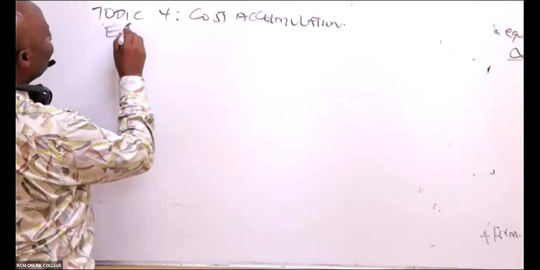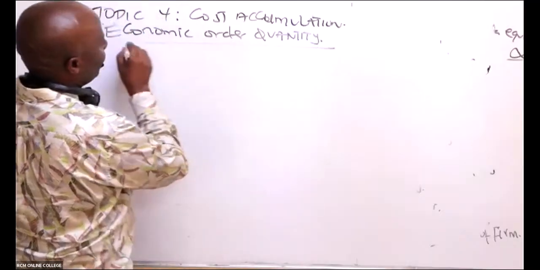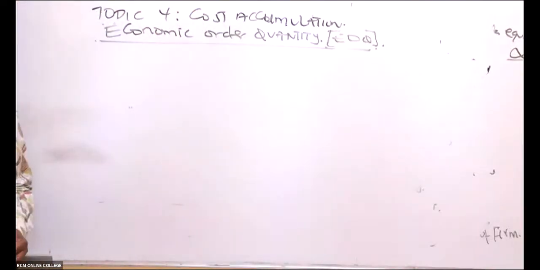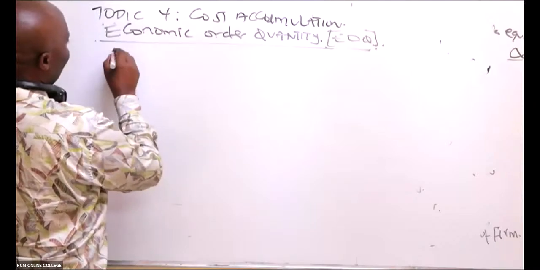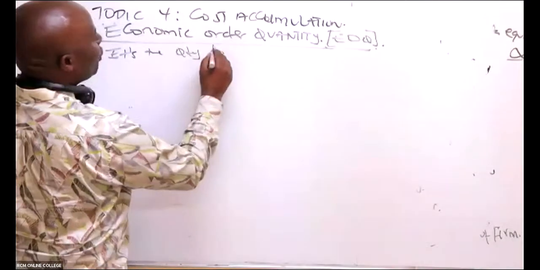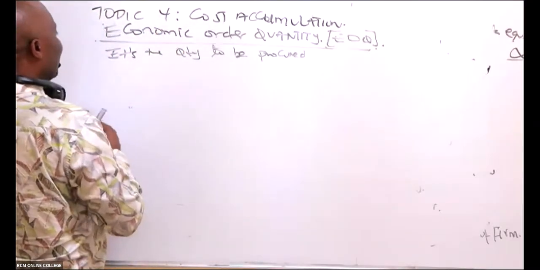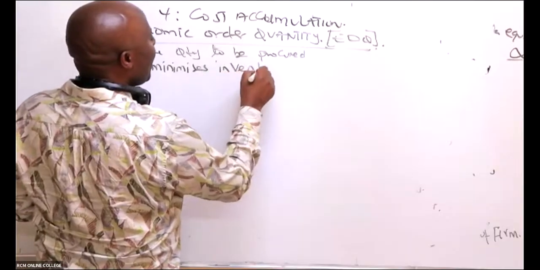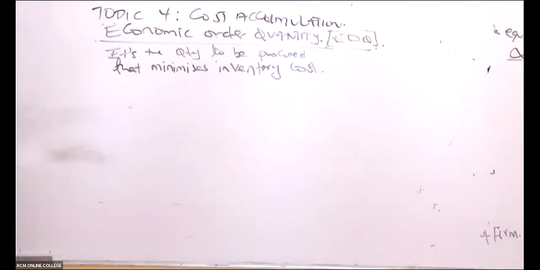EOQ is the quantity to be procured that minimizes inventory costs. It is the quantity of materials that shall be procured that minimizes inventory cost.